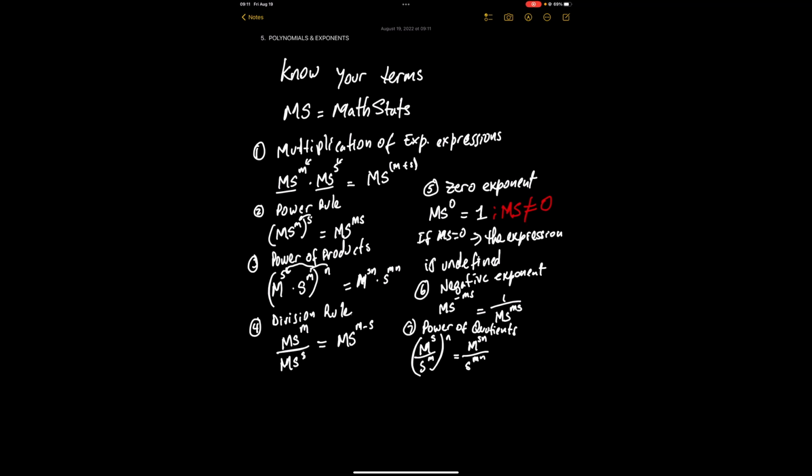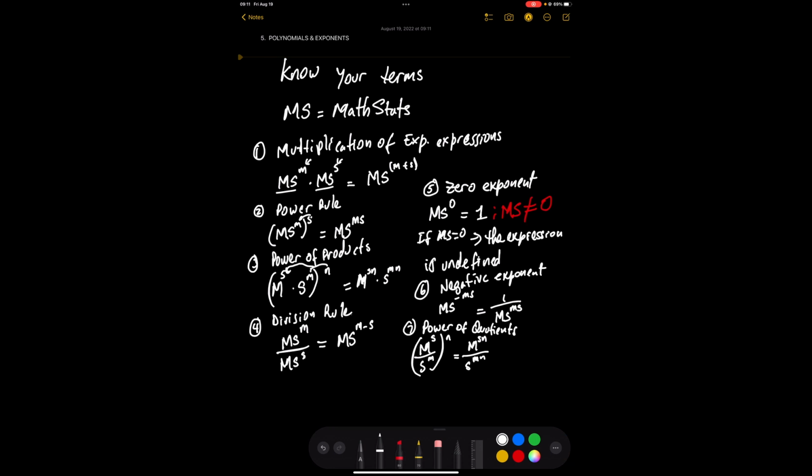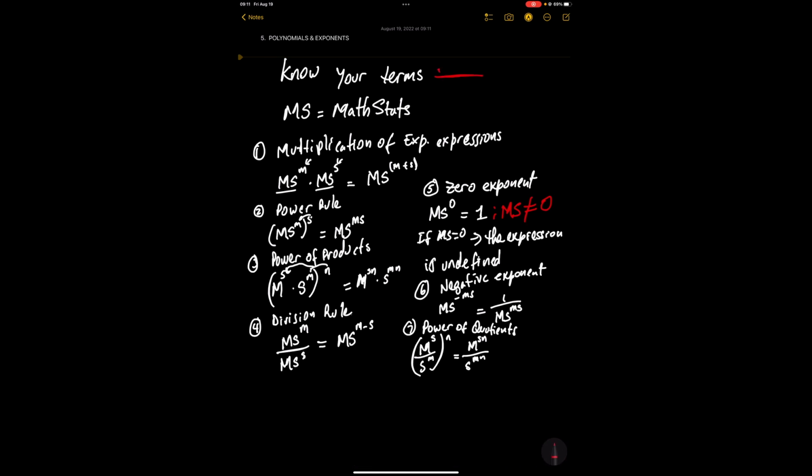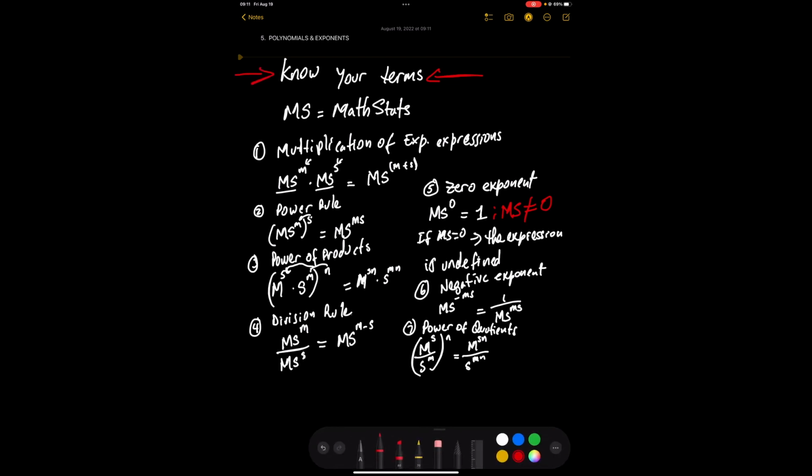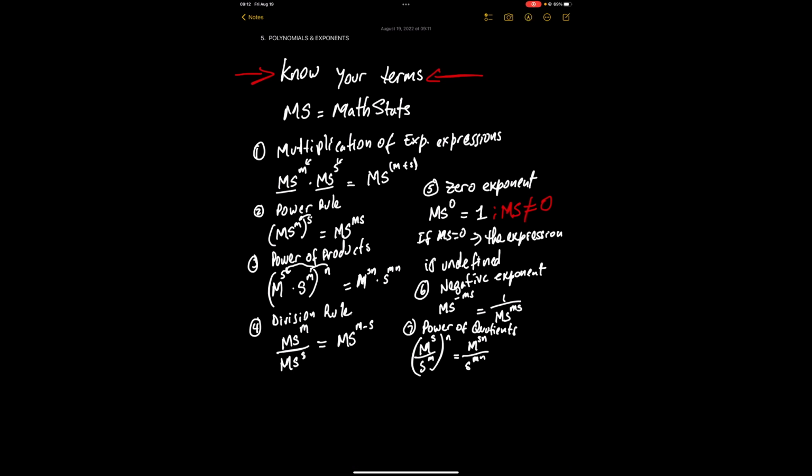So these are the 7 rules of operation of exponential expressions, and you guys need to know them. You need to know your terms. If they ask you to do some operation with a different type of rule, you need to know how to do it.